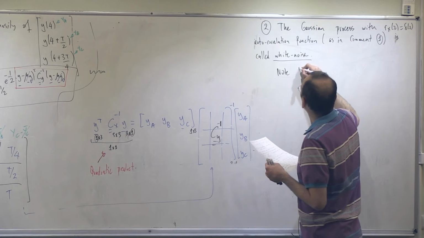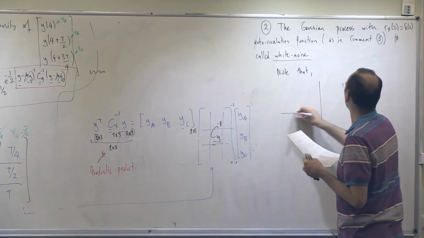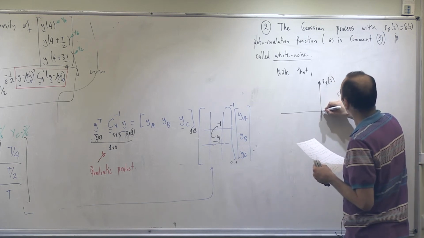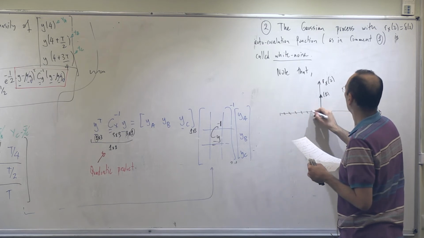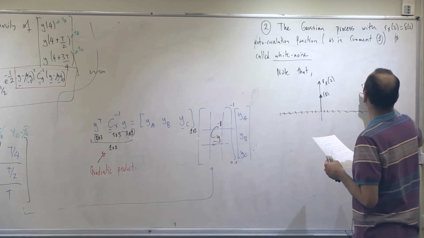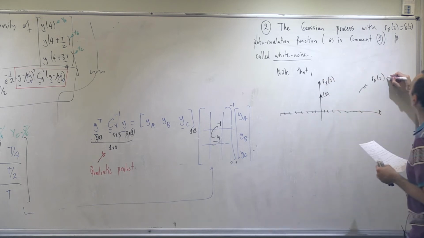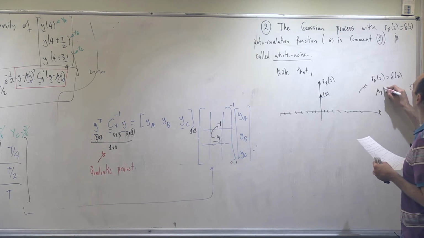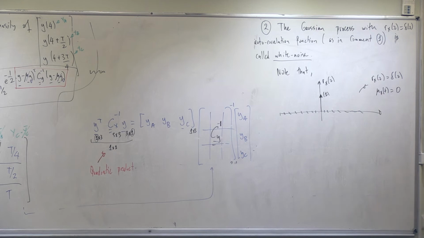Note that, let's say this is Rx of tau, and mu x as a function of t is equal to 0. Okay.